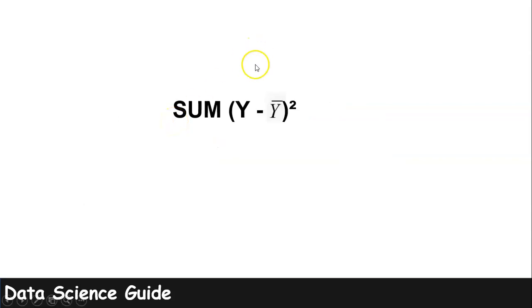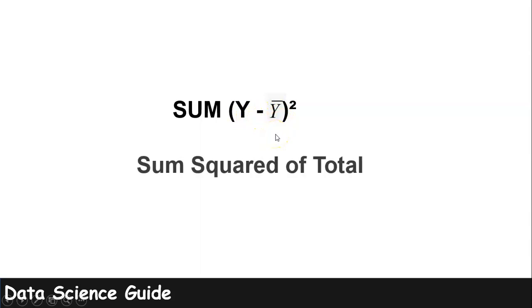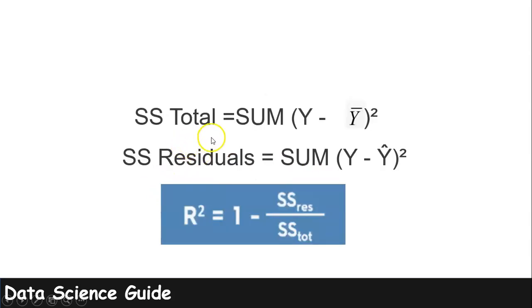After we get the sum of y minus y bar squared, we can now call it the sum of squares total. SS total equals the sum of y minus y bar squared. And you remember that the sum of squares of residuals equals the sum of y minus y hat squared. So R squared equals 1 minus SS residuals divided by SS total.